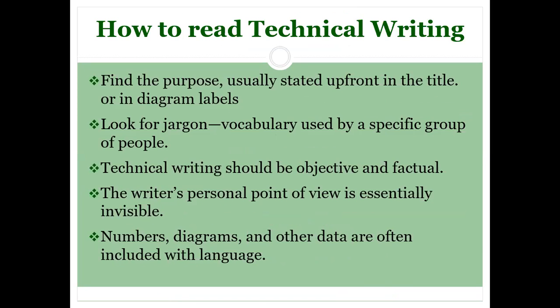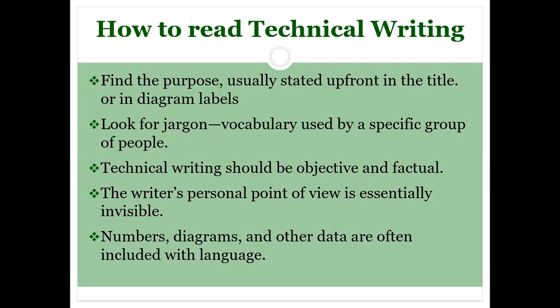Okay. In technical writing, you know it when you see it, right? Often it has jargon. It's going to tell you straight up what it's for, okay? It's objective, it's factual. There's nobody's opinion in a technical manual. They don't say, well, this is how I think you should change your spark plugs.